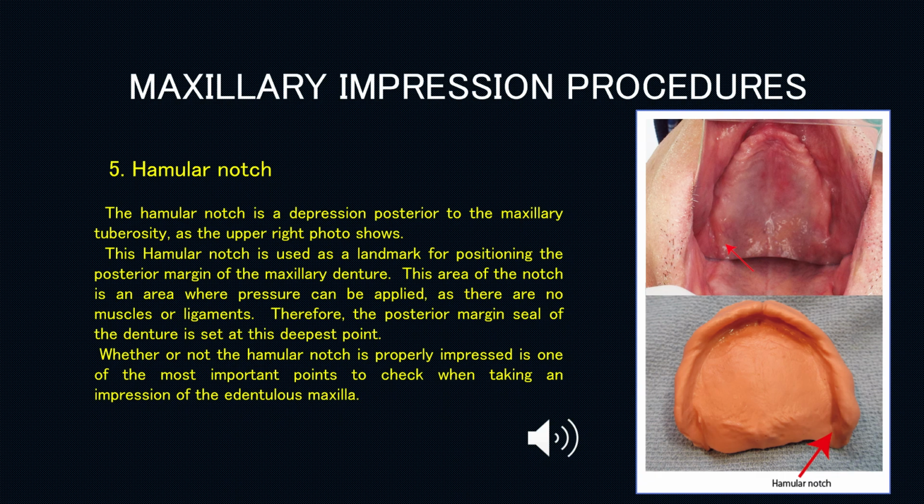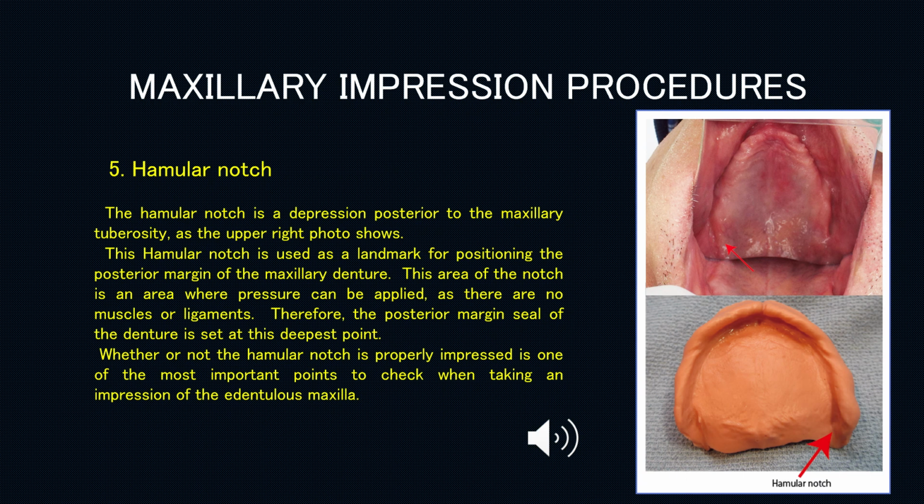Five. Hamular notch. The hamular notch is a depression posterior to the maxillary tuberosity. See below. As the upper right photo shows, this hamular notch is used as a landmark for positioning the posterior margin of the maxillary denture.